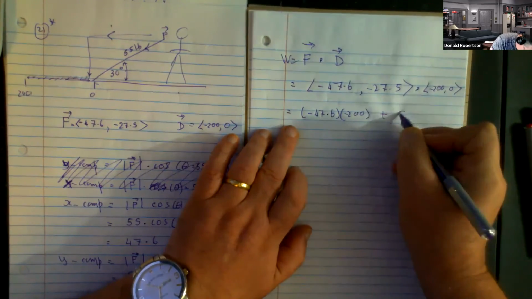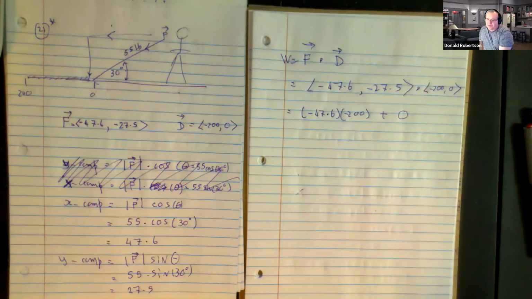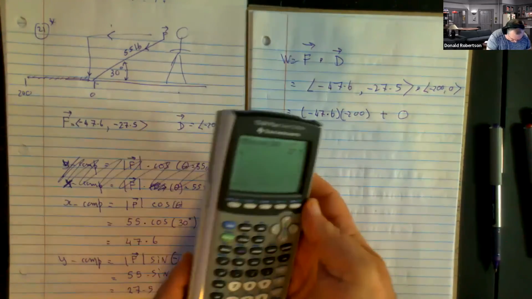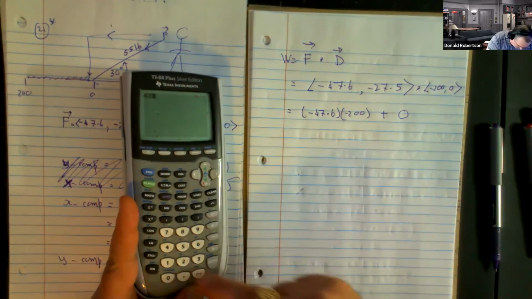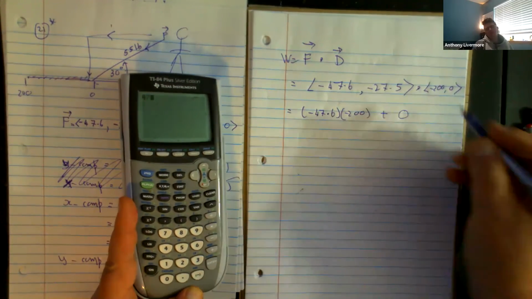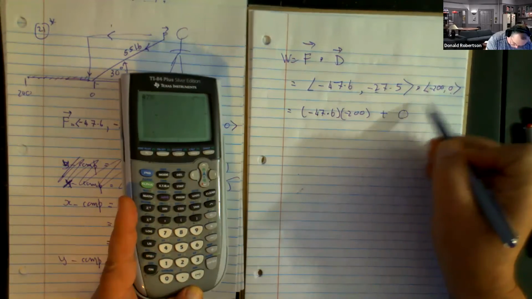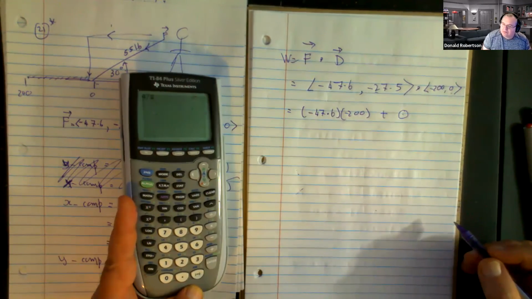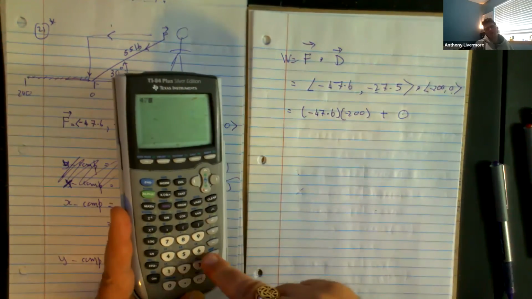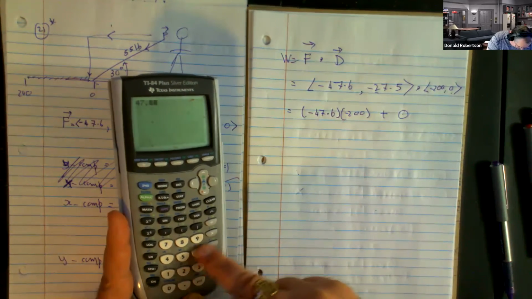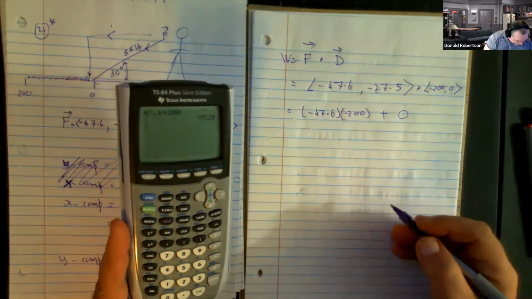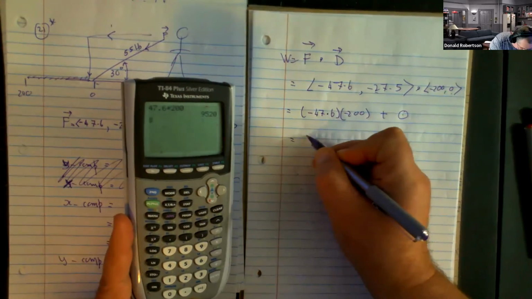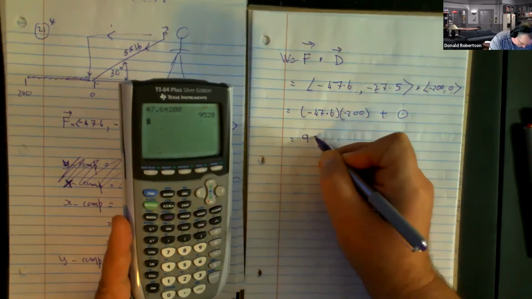And because I'm lazy, can I just write down plus 0? Because that's what you're going to get anyway. And then I can move to the calculator. And well, I know it's going to be positive. So 47. Why is that just plus 0? Well, this number times 0 is 0. Oh, okay. Right. So I'm going to get a 47.6 times a 200. And the answer I get is 9520, which is pretty good, but not actually their answer.